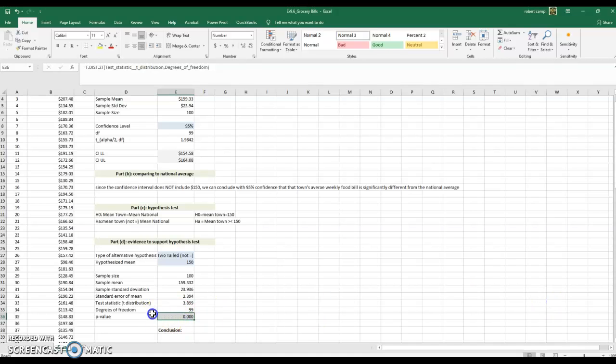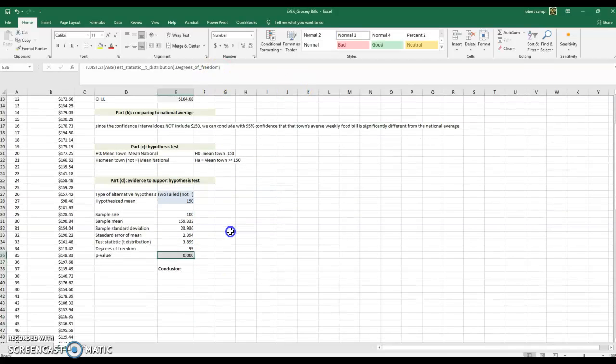Before we analyze that, I want to point out that because of the way our sample mean is and the way we calculate things, this could end up being zero or a negative number, which would cause problems within a t-test. If that ever happens, you can fix it by taking the absolute value of this. But we don't have that issue with this one.